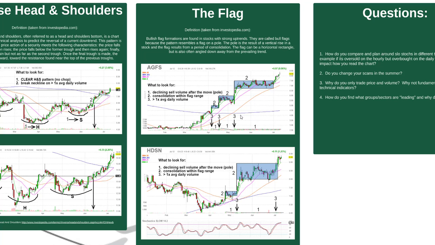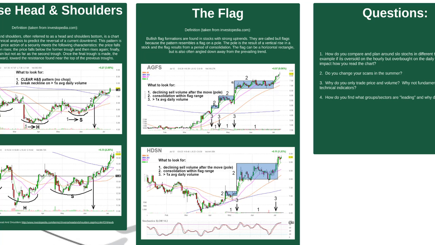Essentially, to me, a flag is a big breakout that puts in a flag pole and then consolidating in a very narrow range at the top of that pole or near the top of that pole. And I believe that the actual true definition is a certain percentage above the pole. But as long as it's consolidating within 10 to 15%, even 20% of the highs of that move, I'm okay.